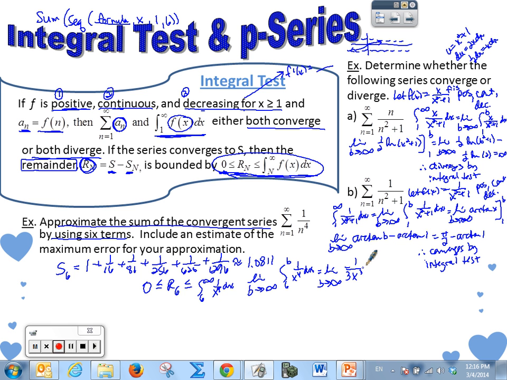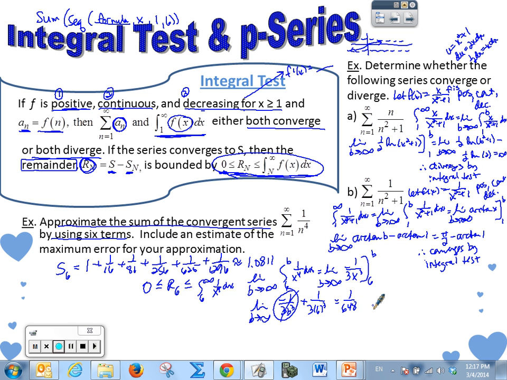Let's write it like this, evaluated from 6 to b. So I do my f of b minus f of a. So I put the b in, I get negative 1 over 3b cubed minus, so plus 1 over 3 times 6 cubed. So what does this first term tend to? It tends to 0. And I'm left with this, which is 1 over 648.